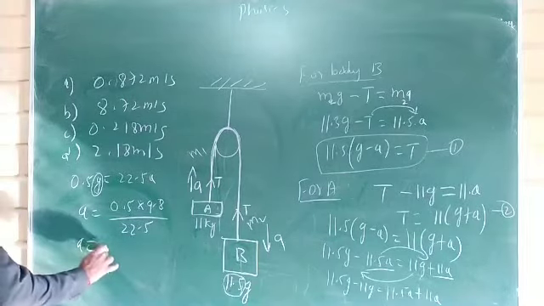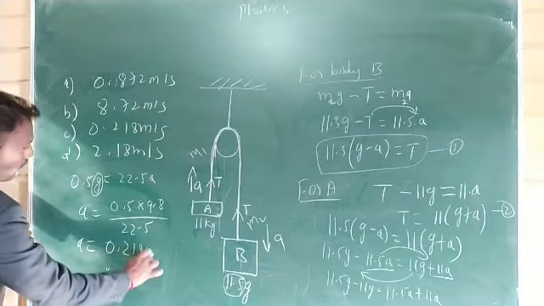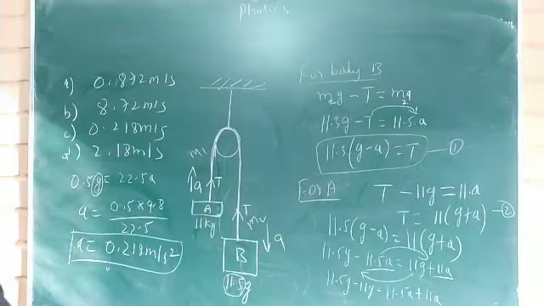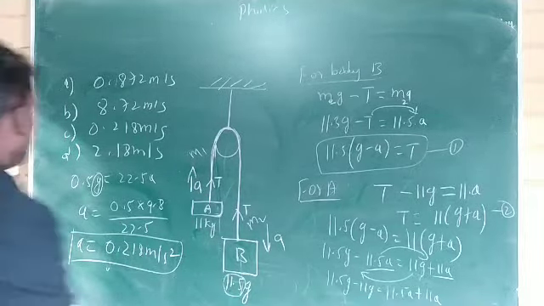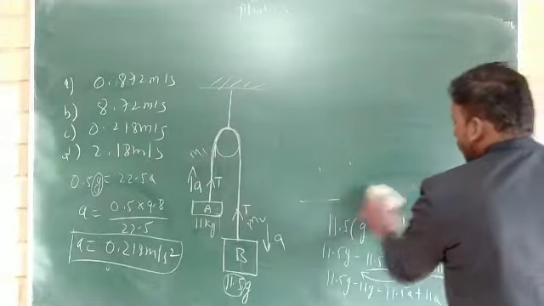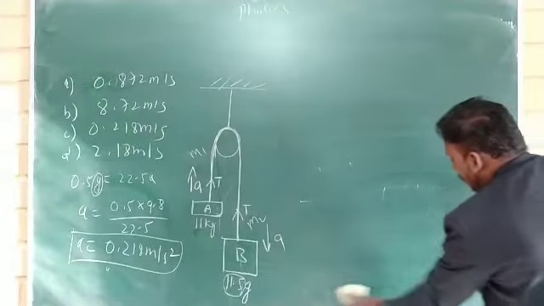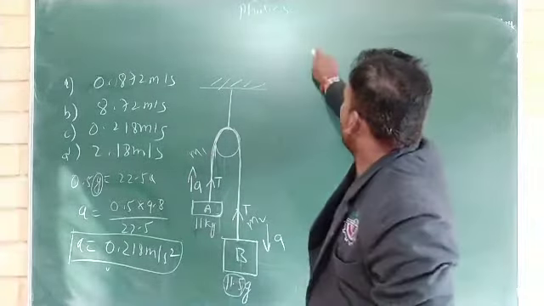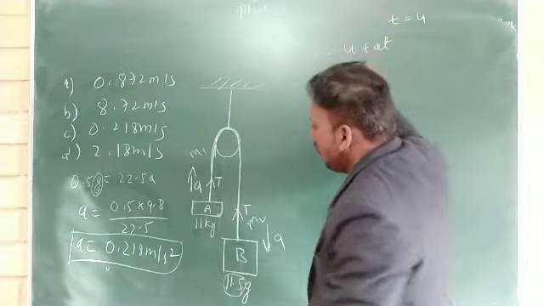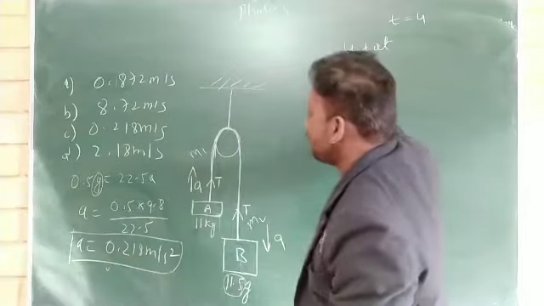Acceleration is 0.218 meter per second square. But we want the velocity after 4 seconds. We can calculate it: v is equal to u plus a t. Initially the pulleys are at rest. t is equal to 4 seconds and a is 0.218 meter per second square.